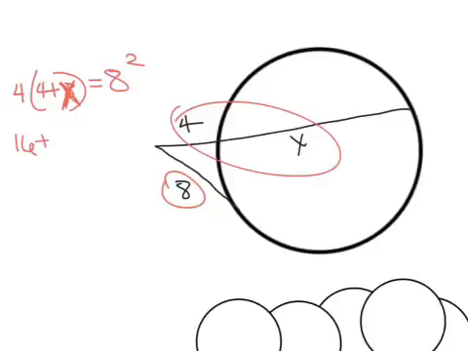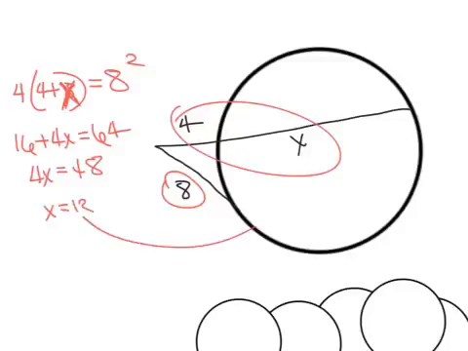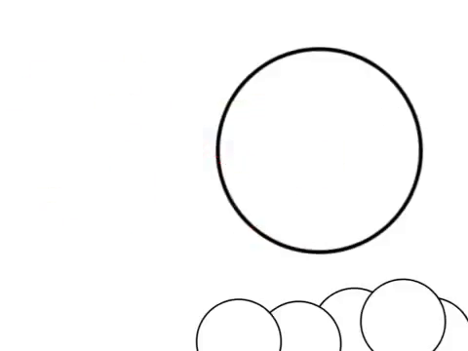So 16 plus 4x equals 64. 4x equals 48. So x equals 12 for right there. Okay, so the rest of the lesson is proving that all of this is true, and I'm not going to worry about proving all that's true, so that's it for lesson number 89.